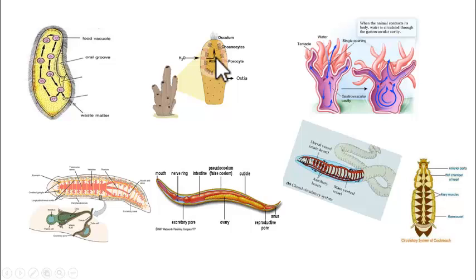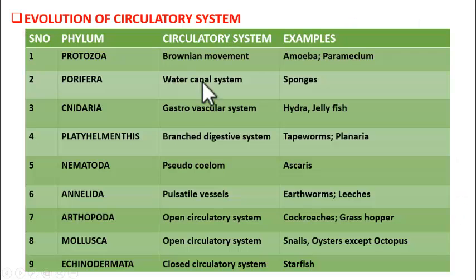Once the water is rich with waste materials, it is expelled out through the terminal pore called as ossiculum. So see here, these are all terminal pores. So water enters through ostia, goes through water canal and expels out through ossiculum. So this system of ostia, water canal and ossiculum is called as water canal system. So it is water canal system that helps in circulation in case of poriferans.